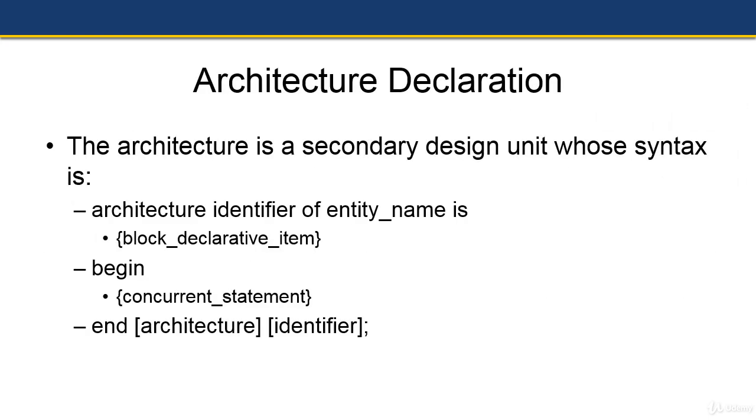Here's the syntax for the architecture declaration. The architecture keyword followed by the architecture name identifier, of, and then an associated entity name, is, and then we could have one or more or zero block declarative items such as constant declarations or signal names, followed by a begin statement and then concurrent statements, followed by an end, optionally the keyword architecture and the name of the architecture.